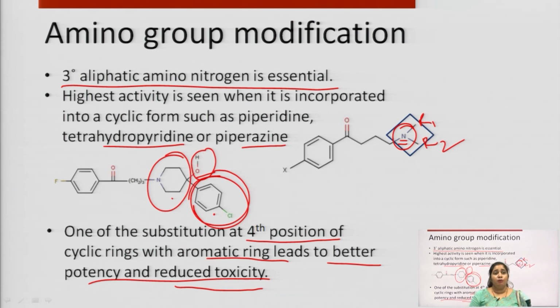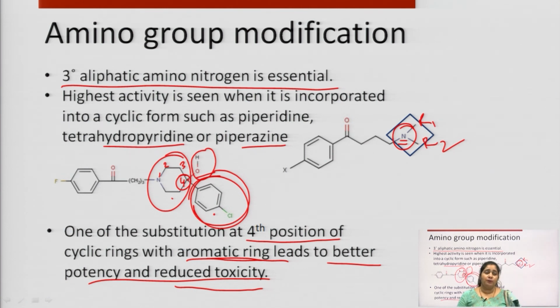And even better activity we can see when we substitute this, when we talk about 1, 2, 3 and the 4th position with an aromatic ring, this substitution also leads to much more active compounds.